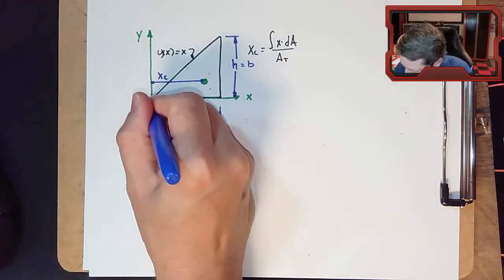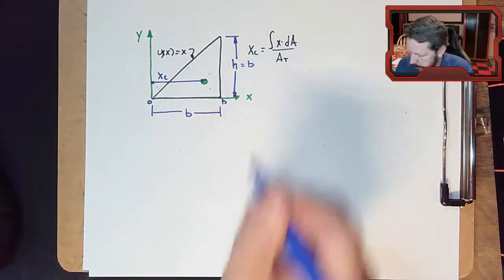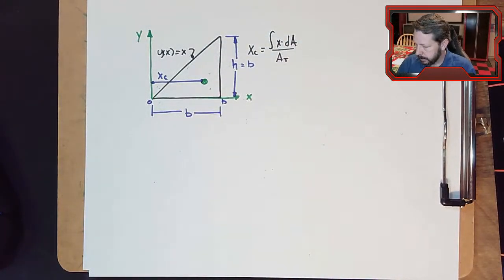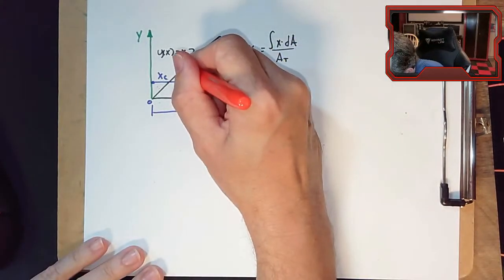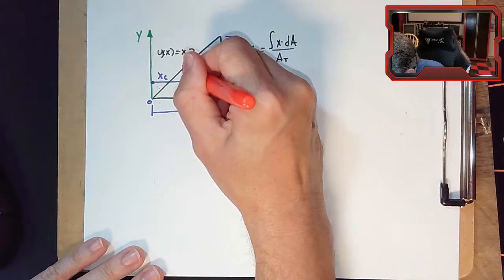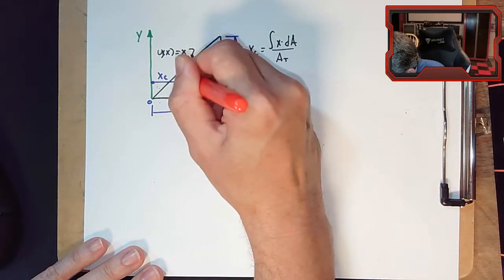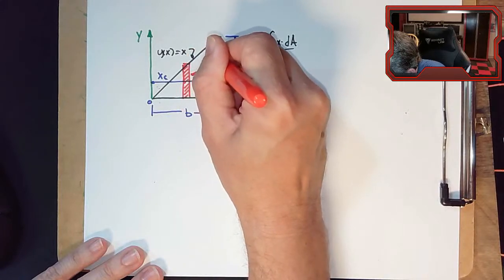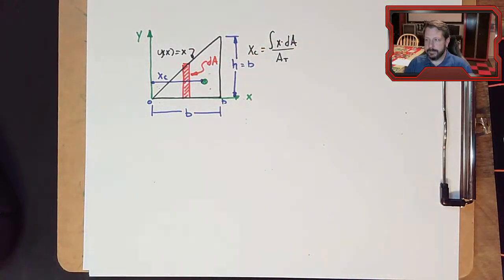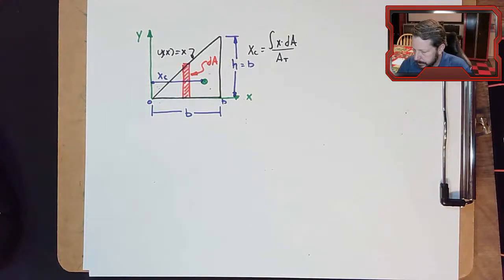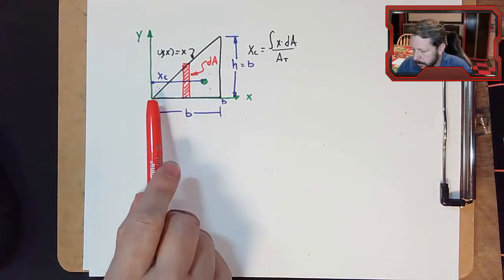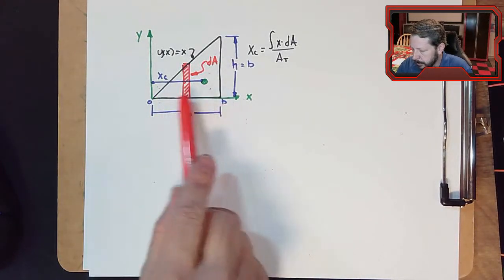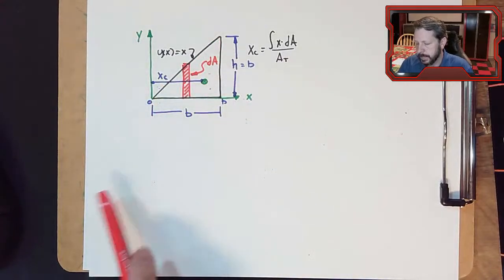We're going to integrate from 0 to b, right? And what we're going to integrate, dA, this area, is this. So that is dA. This is a really thin strip, and we're going to line a whole bunch of them up across here to make this triangle and add them all together.